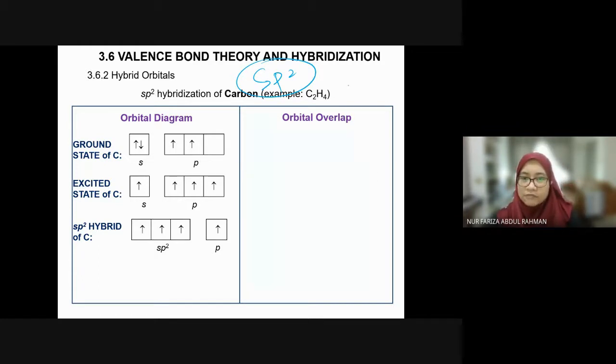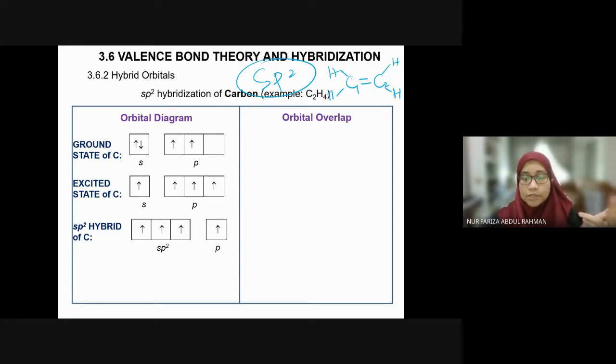So C2H4, the Lewis structure is this. This is the Lewis structure for C2H4. So we have C1 and C2. That means we have 2 centrals there. That means you have to have 2 hybridization. You have to have 2 orbital diagram, because we have 2 centrals.